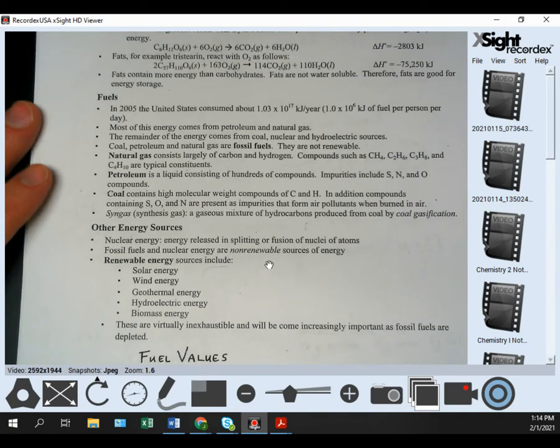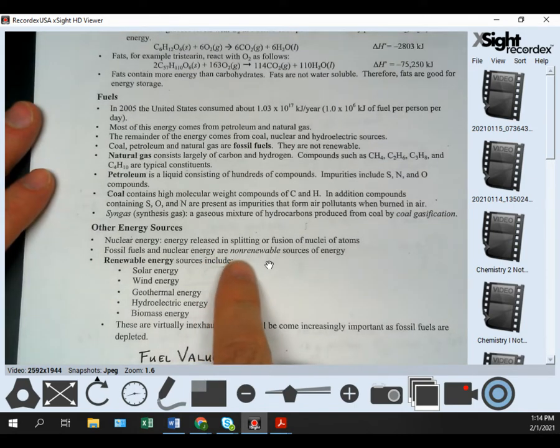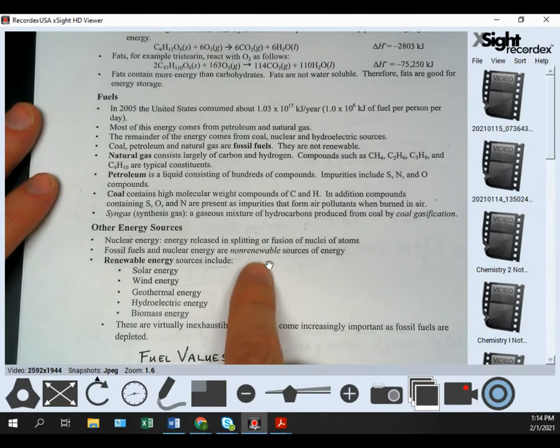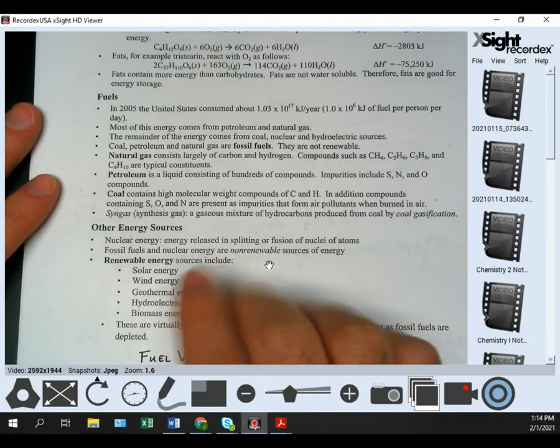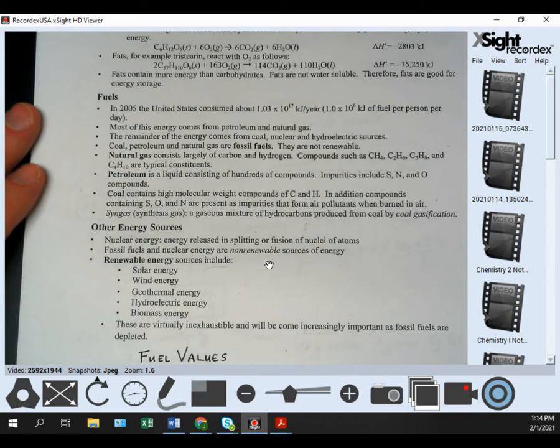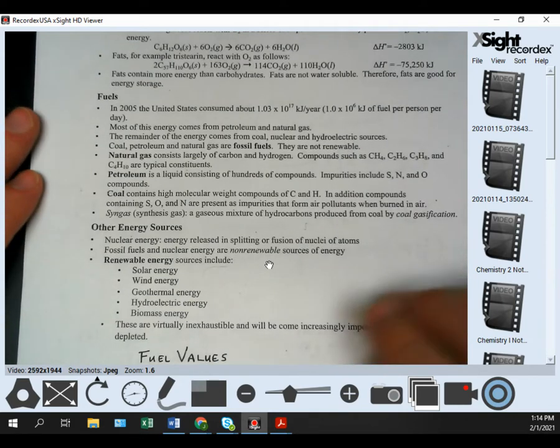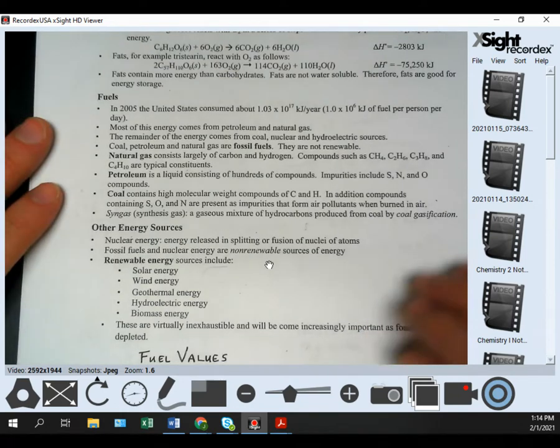Fossil fuels and nuclear energy are non-renewable sources of energy. The nuclear energy one is interesting because it depends on where you look, whether that's considered non-renewable or not. I've seen it listed as a renewable source in other places. I guess it just depends on how you look at it.